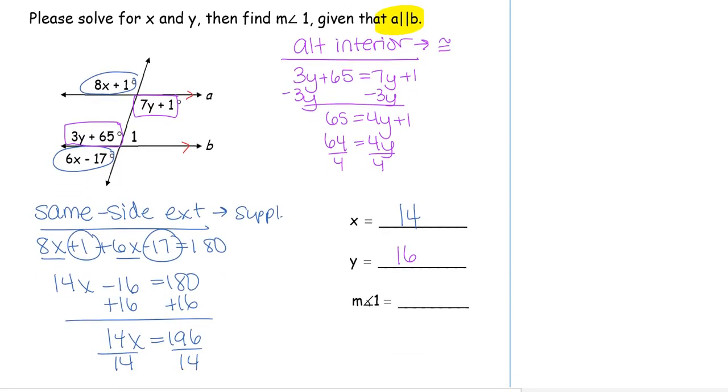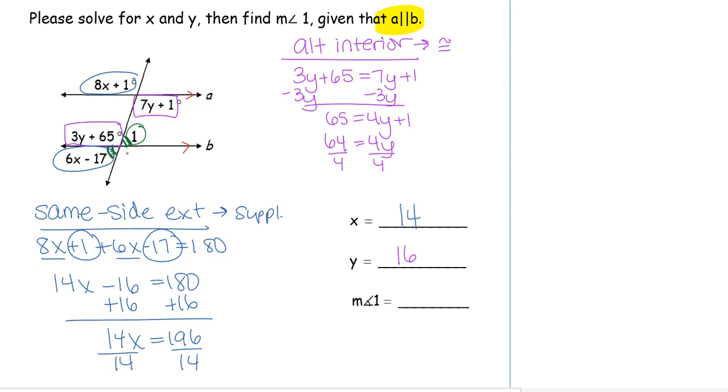The last thing we have to do here is to find the measure of angle 1. So here's angle 1 right here. You can do anything that you want, basically. You can plug in x, you can plug in y. I'm going to plug in x. I'm going to review the fact that these two angles right here are vertical angles. They are across from each other.